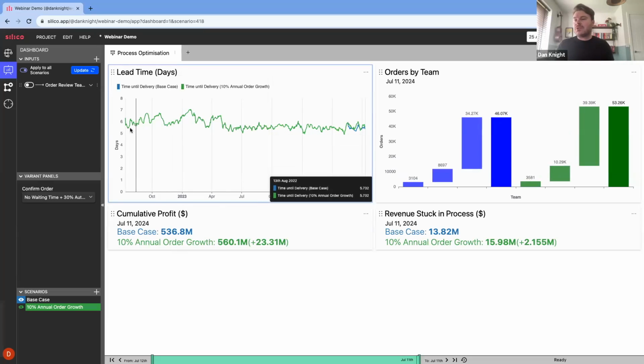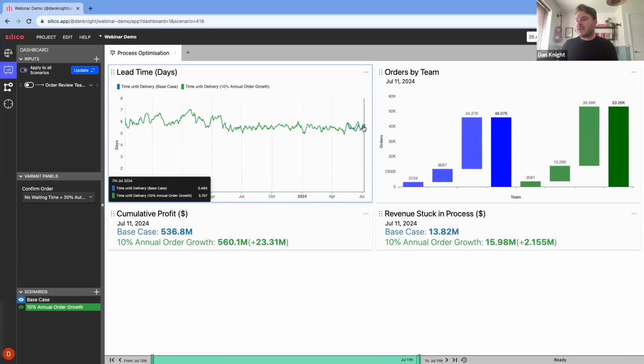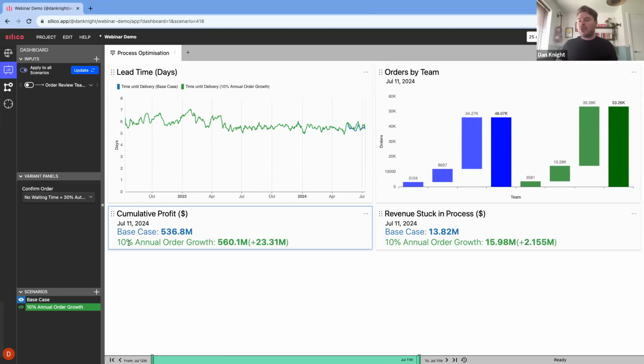Our lead times are now consistent. It actually solves the issue we saw at the start as well, when we saw it rising to 8 days. We now have 6 days to start. By the end of the simulation, we're looking at a lead time of 5.4 days. So just automating 30% of that one step has made a massive difference to the process as a whole. We can see that our profit has gone from 536 million to 560 million pounds.